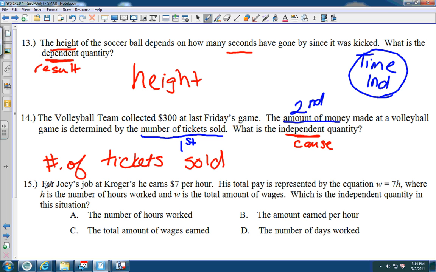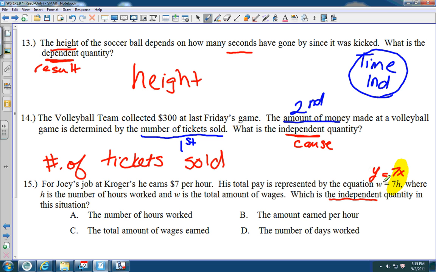Number 15. Same thing we talked about before, and we've got a job at Kroger. But this time it wants to know the independent variable. What's the thing when you have a job that happens first, that you got to do first? Well, first you got to earn money. You got to work. See, remember, look up here. Y equals 7x. I also know that x is my independent.